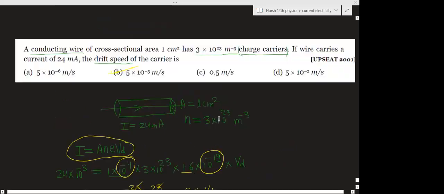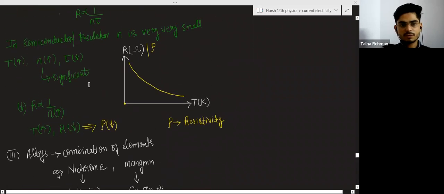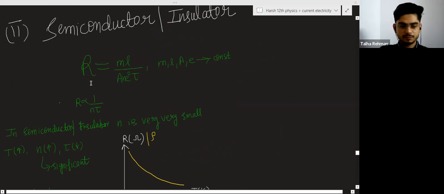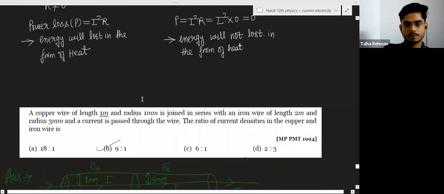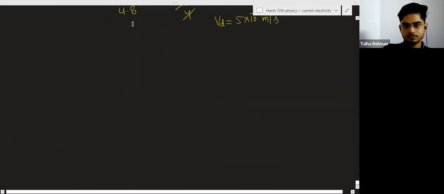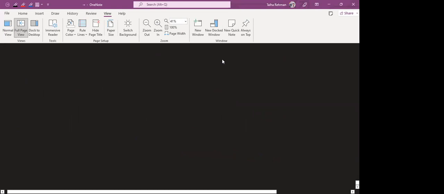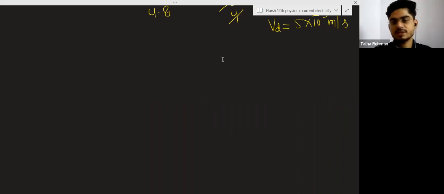Done, sir. So we were discussing this superconductor, we have completed. Yes, sir. And now we will study a relation between the resistance and temperature.